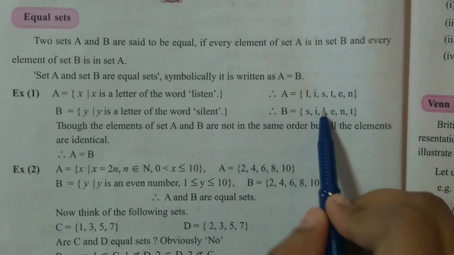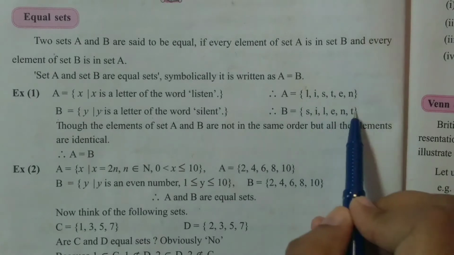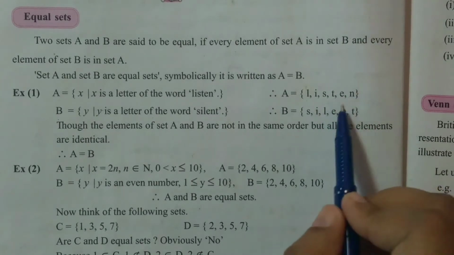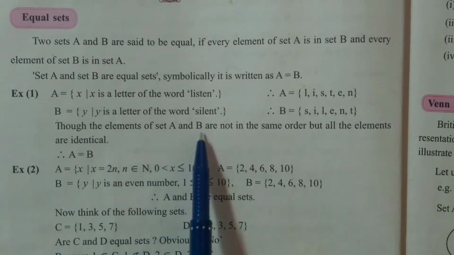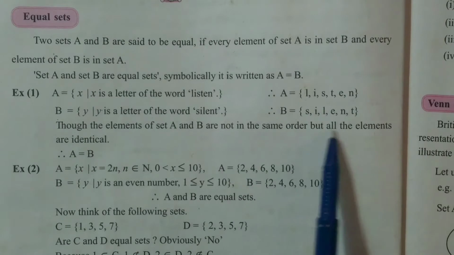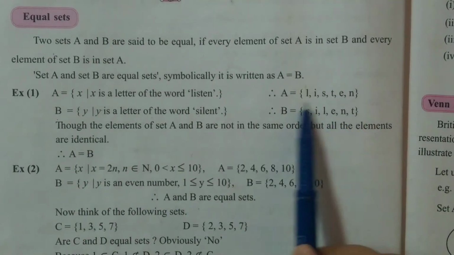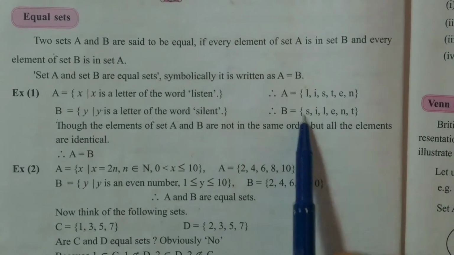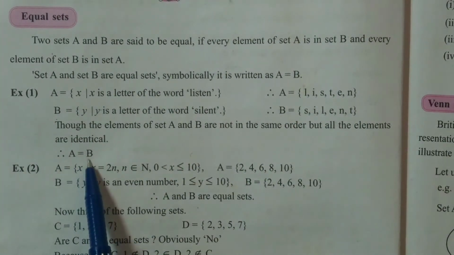L is in both, I is in both, S in both, T in both, E in both, N in both. Though the elements of set A and set B are not in the same order, all the elements are identical. Therefore, A is equal to B.